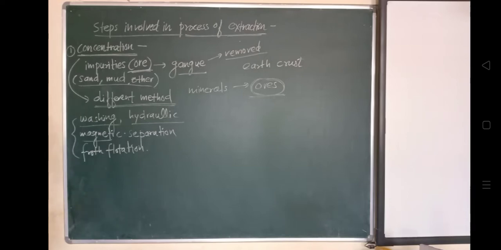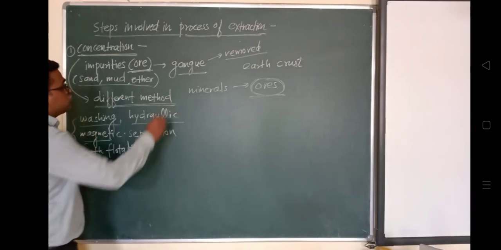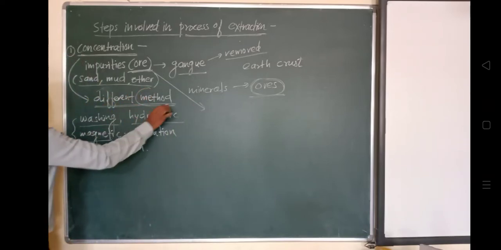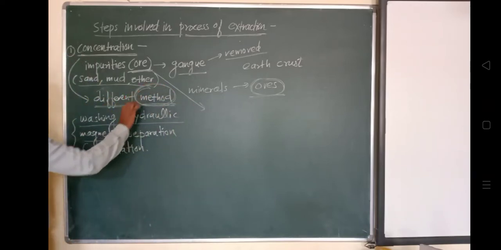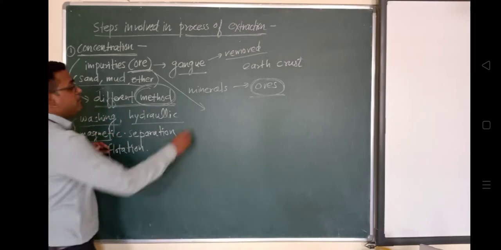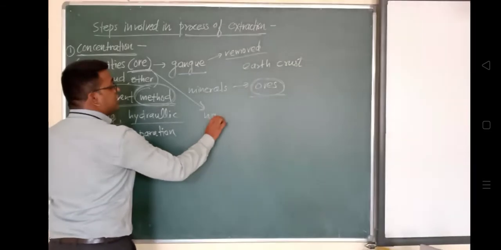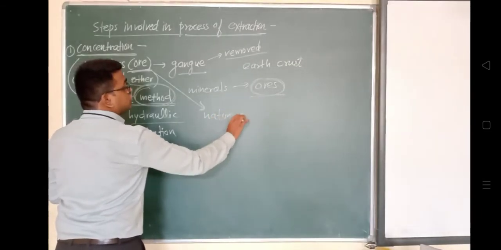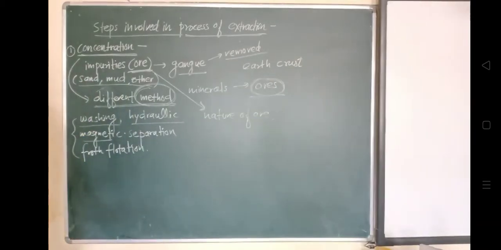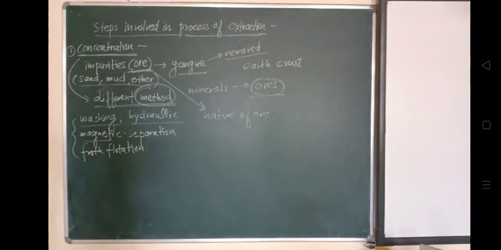The method chosen for concentration depends upon the nature of the ore. As I said earlier, which method we want to implement is purely decided based on the nature of the ore, and which metal we are going to extract from the ore.